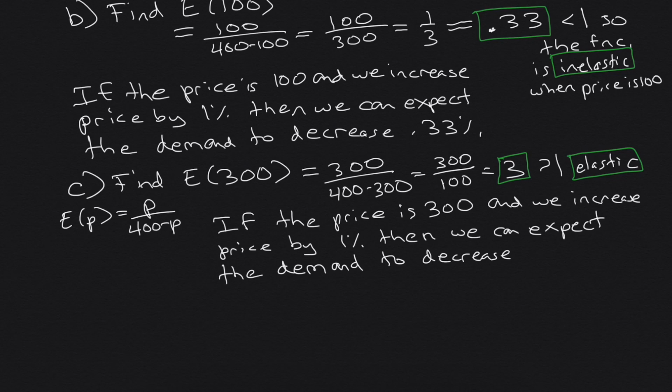In this case, we got 3 for E of 300, so we can expect it to decrease by 3%.